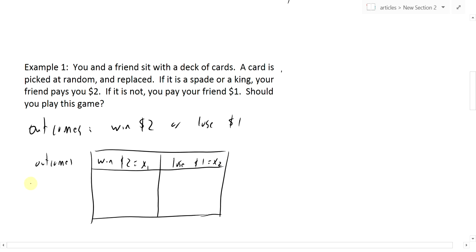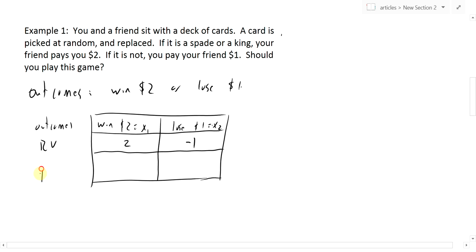So, what's my random variable, RV, for random variable? Well, what's the number that I want to assign to this particular outcome? 2, because I'm winning $2. And the number I assigned for this particular outcome is -1, because I am actually going to lose some dollars. And then I want to know what the probability of my outcomes are, so xi. So probability of x1, what's the probability of winning? Well, that's the probability of getting a king or spade, and we know what that is.